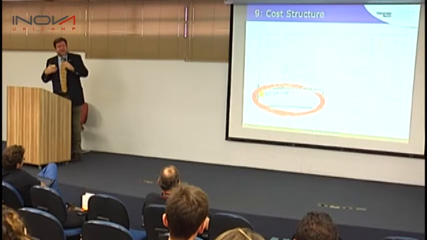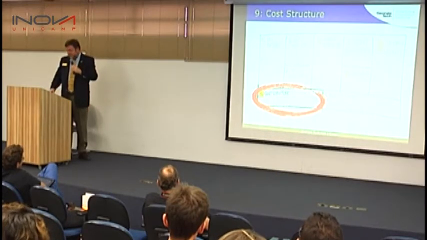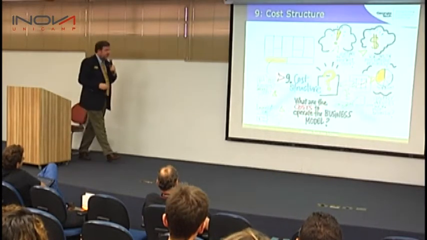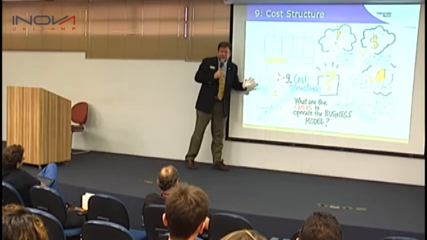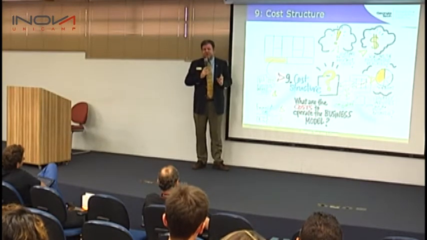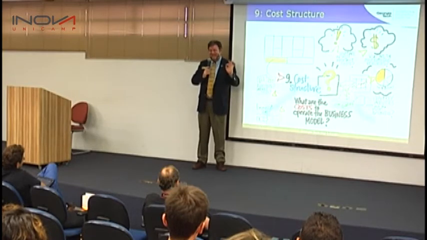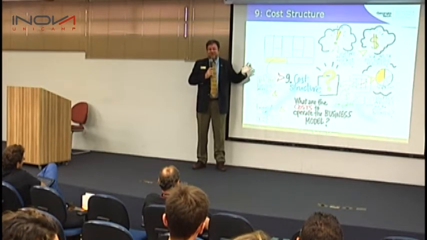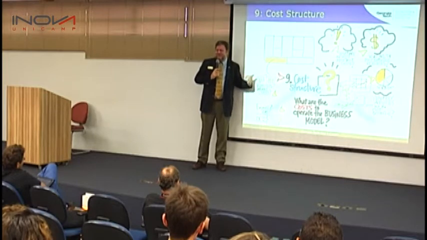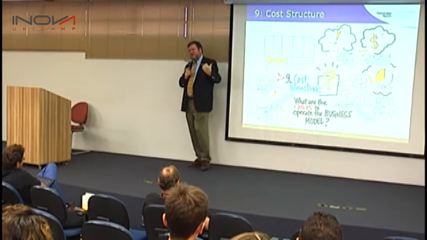And then only at the end do you really start worrying about cost structure. Only at the end do you figure out what are my fixed costs versus variable costs, what's my profit margin, things like that. This is the classic MBA stuff, okay? Classic management stuff. And it's important, but you don't start with it. Until you know everything else, you can't do this because you don't know what to put in your spreadsheets.